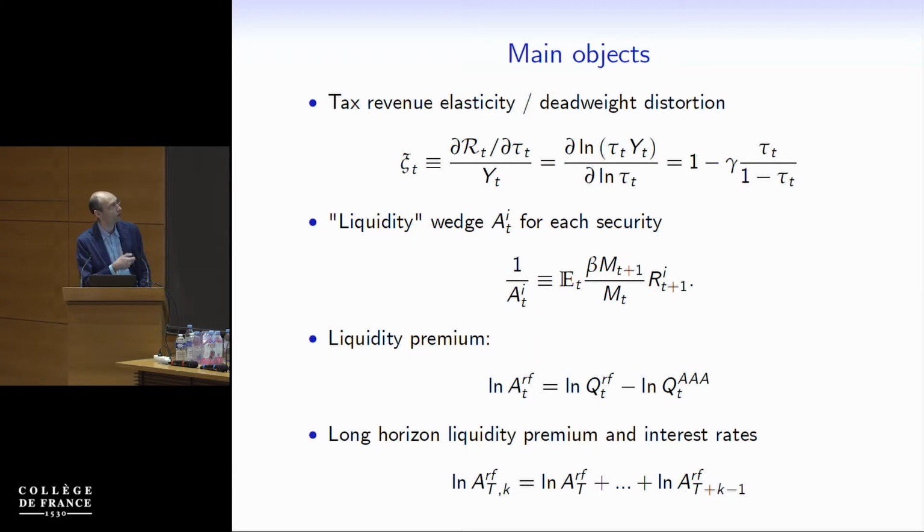In fact, in the data, short government bonds trade at a higher price than short AAA bonds. So we'll call liquidity premium the difference between the short commercial paper and the short government bonds. This is our notion of liquidity premium. The liquidity premium in period T, K is the accumulated liquidity premium for K periods after period T.